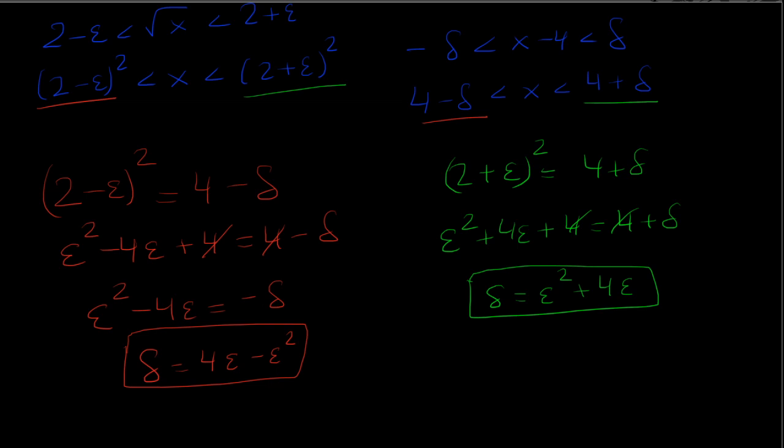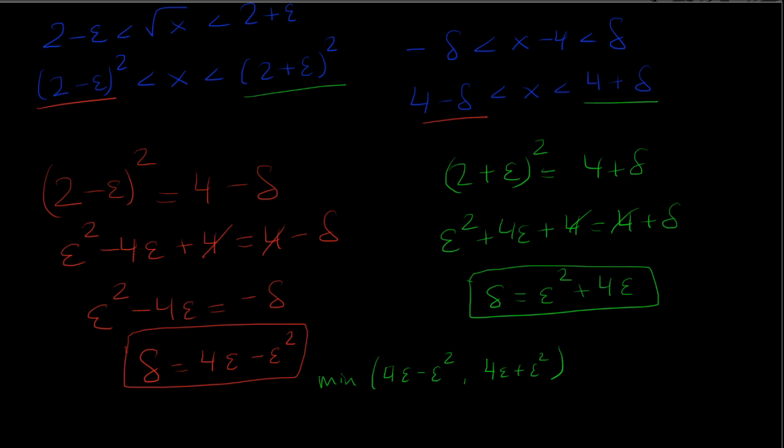Okay, the last step here is to find the smaller delta. So we want to find the minimum between 4 epsilon minus epsilon squared and 4 epsilon plus epsilon squared. And here epsilon is positive.